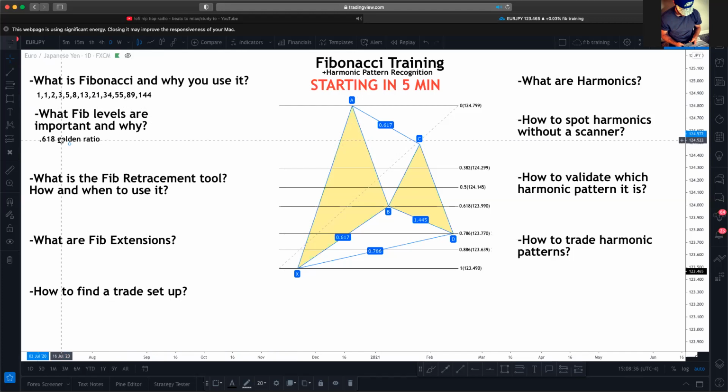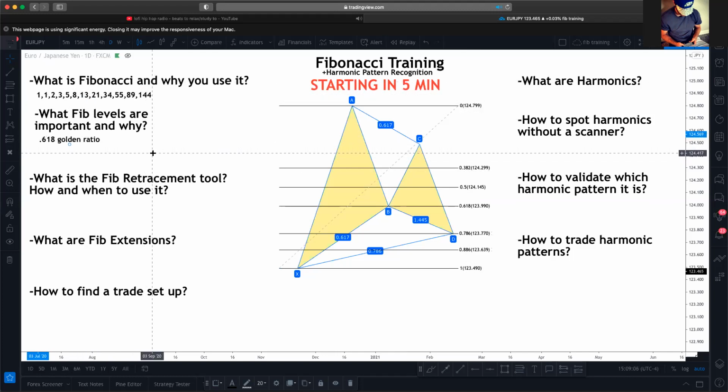Now to find the 38.2, it's the alternating numbers. If you take this divided by this, you get 38.2. This divided by this, you get 38.2. So these levels aren't just there because that's the percentage the price is being pulled back by. They're Fibonacci ratio numbers from dividing and adding things up.